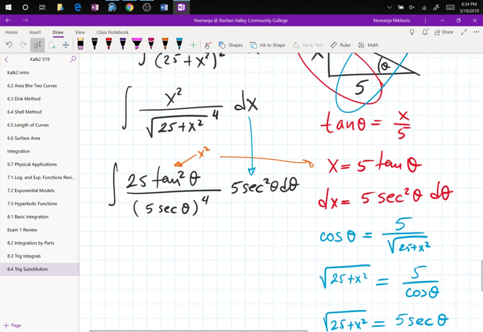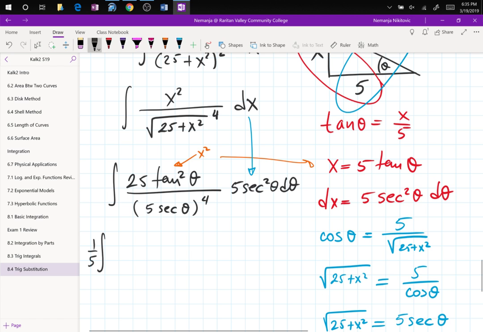Whole bunch of stuff cancels now. What's happening with my 5s? Do we all see that I have 3 5s on the top? 5 times 5 for 25, 5 times 5, and then another 5 over here. So that's a total of 3 5s on the top. And how many 5s do I have on the bottom? 4. So when I cancel the 3 on top and the 4 on the bottom, how many do I have? 1 on the bottom.